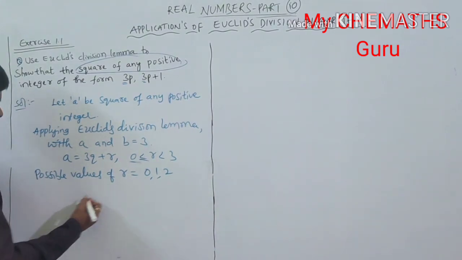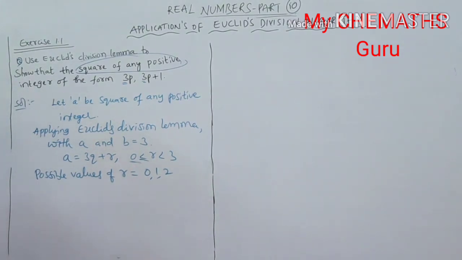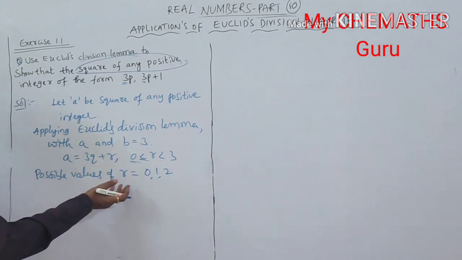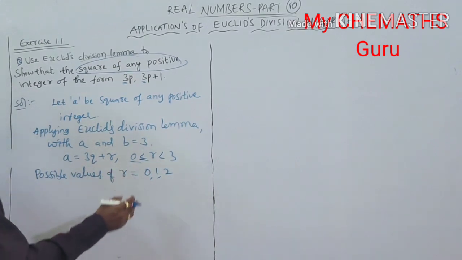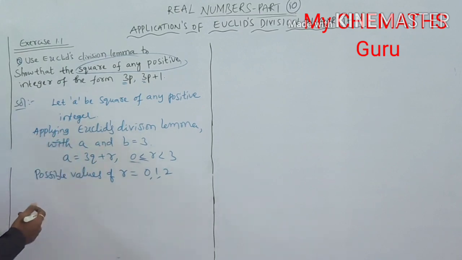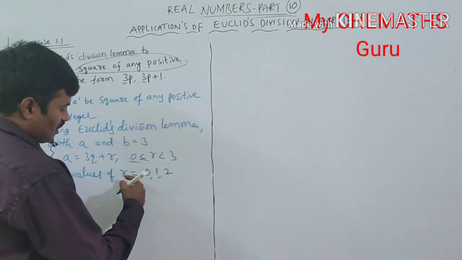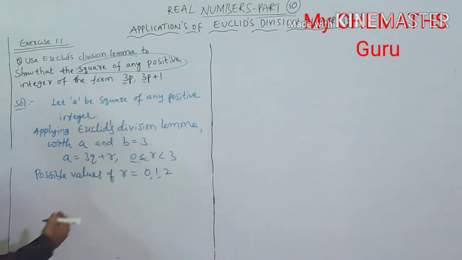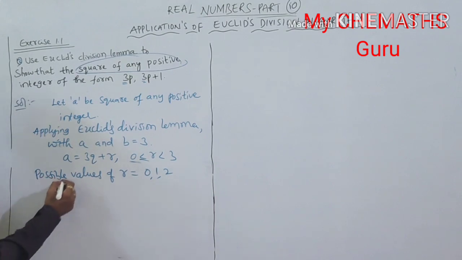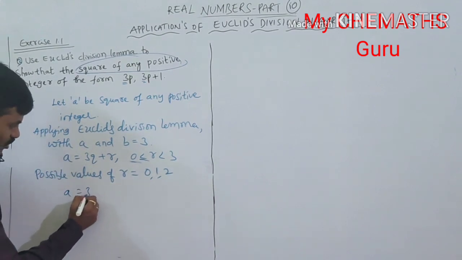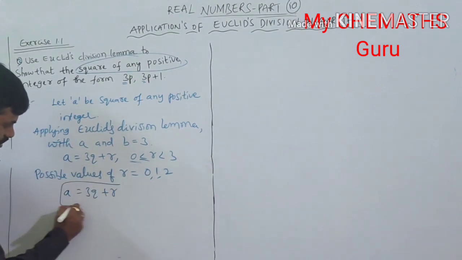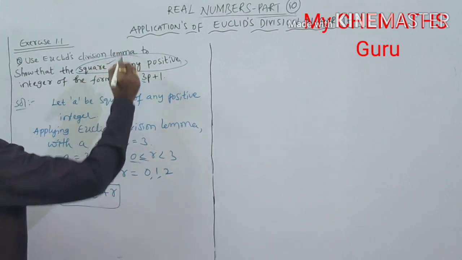Okay, now we have to check the cases like in the previous problem. In the second problem, how we checked, like that we have to verify whether for r equal to 0, it is in the form of 3p or 3p plus 1. Now what is given actually? a equals 3q plus r, we got, but they asked for the square of any positive integer.